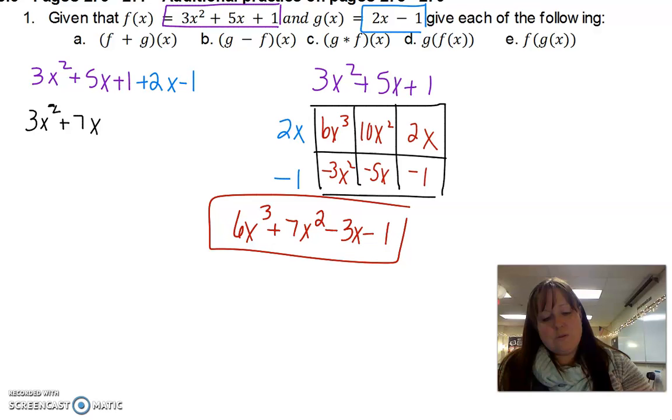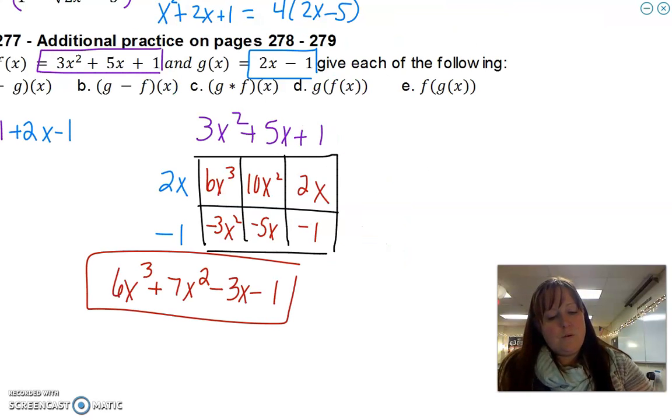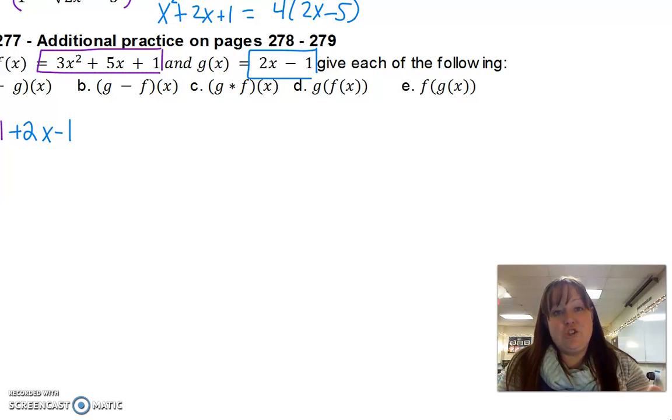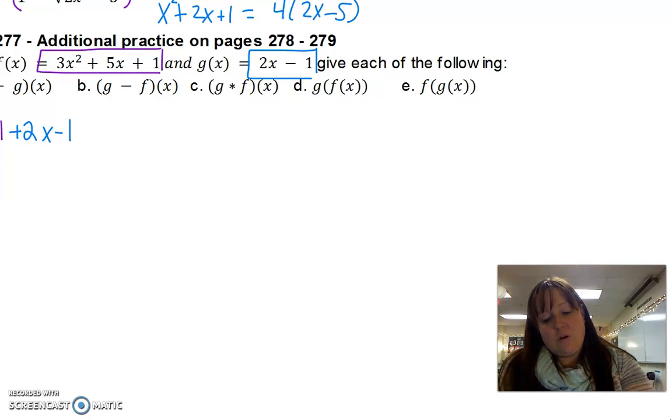All right, the next ones we have are compositions. So we're going to do, let's see, g of f of x means we take f and put it inside g. Okay, so I'm going to start with my outside function. G is 2 times x minus 1, right?